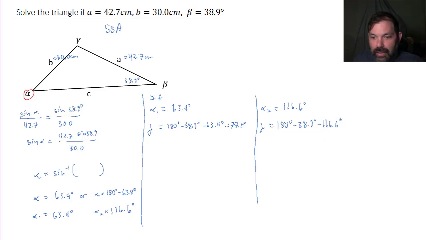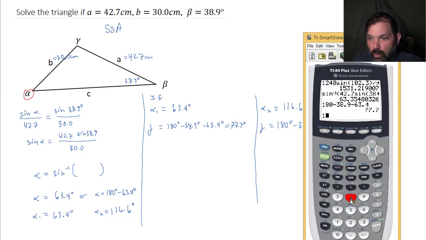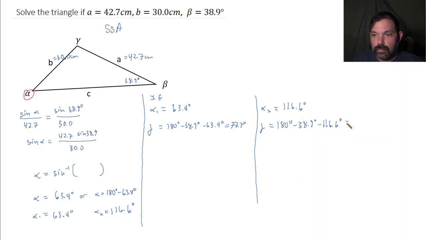And this time I think I can do this. 180 minus 38.9 minus 116.6 is 24.5 degrees. Both are possible. So if we take alpha 1, we get a gamma 1 of 77.7 degrees, and if we take alpha 2, we get a gamma 2 of 24.5 degrees. Both are possible in this situation, and so we have to solve both of the possible triangles.